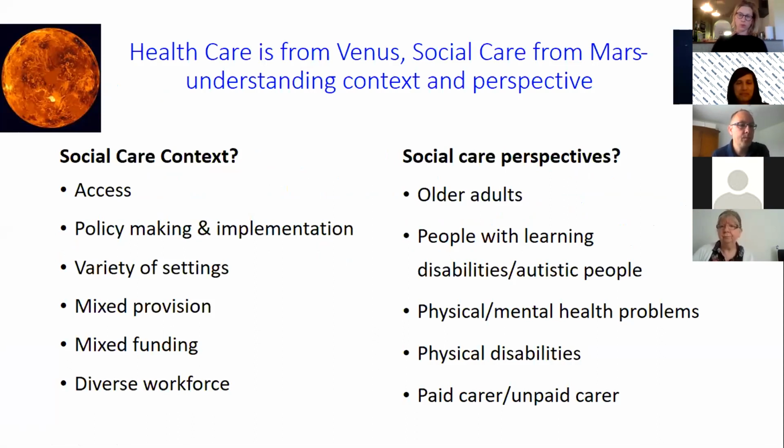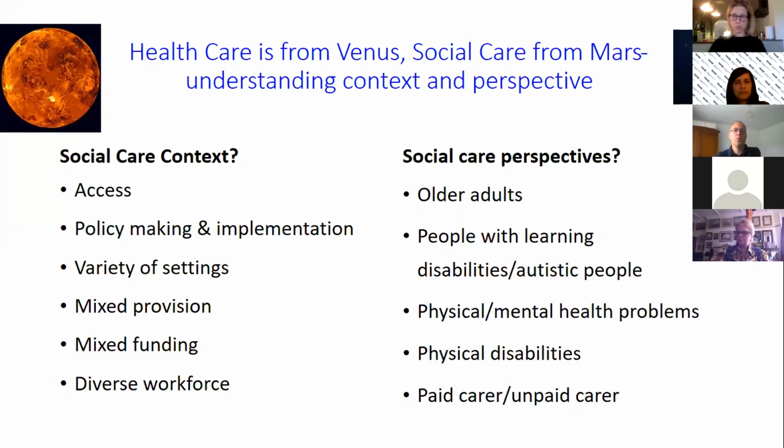Adult social care is accessed in a way different to the NHS, as you may already be aware. Not universal services, but access that is assessed and based on an individual's needs and means. The policy making that influences social care is centralised, with local implementations in local authorities.